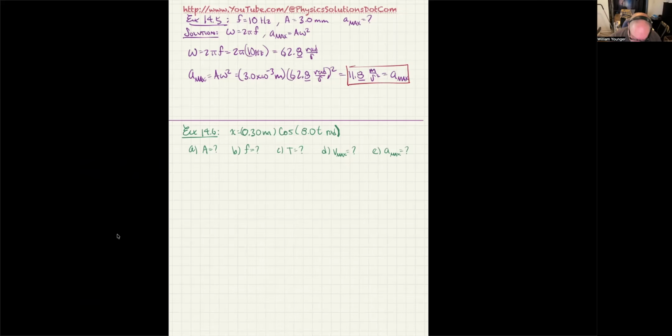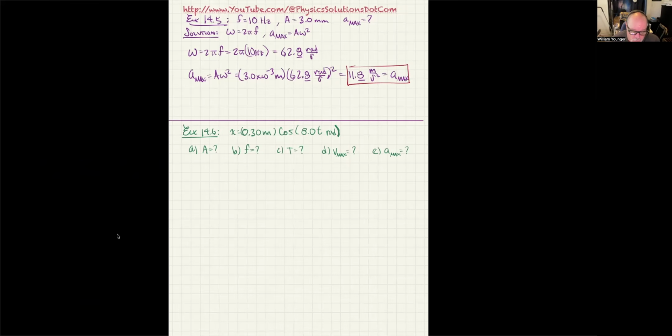Now we'll move on to example 14.6. Starting with x equals A cosine omega t is what example 14.6 says. The displacement of an object is described by the following equation where x is in meters and t is in seconds.